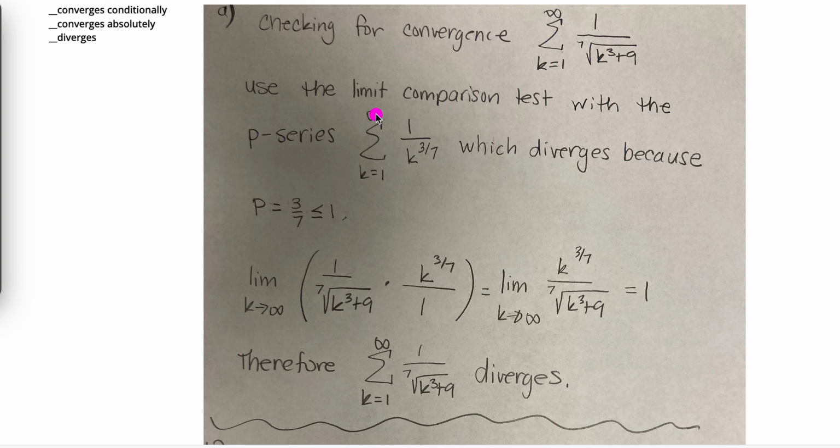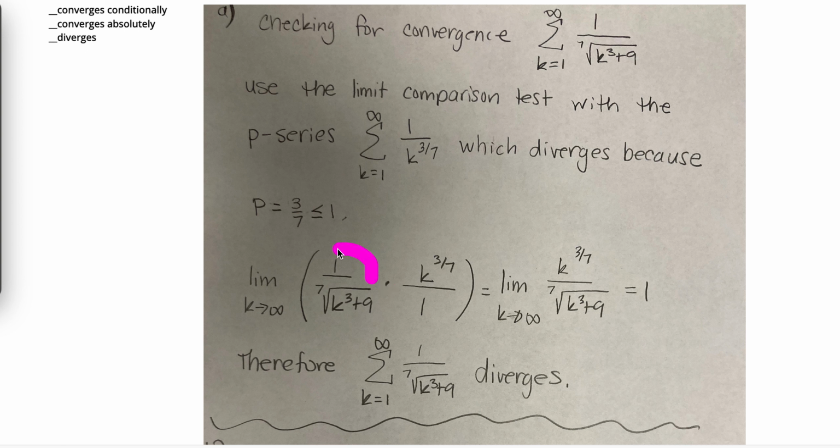Now, when you use the limit comparison test, you need to take this expression here and divide it by the expression that you're comparing it with, and then take the limit as your variable goes to infinity. In this case, we're using k's. Now, I skipped the division part and I just went to flipping and multiplying to save us a little time.